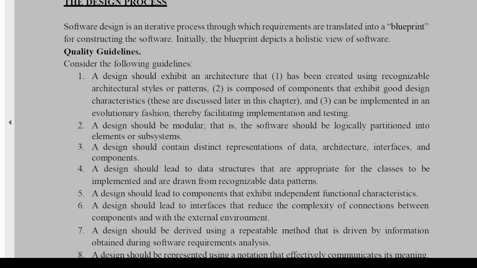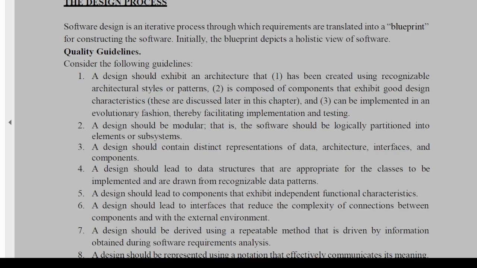First of all, the design must implement all the explicit requirements contained in the requirement model, and the design must be a readable, understandable guide for those who generate code. And the design should provide a complete picture of the software, addressing the data, functional and behavioral domains from an implementation perspective. And these are the guidelines.